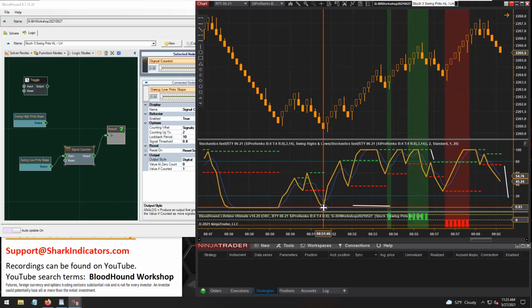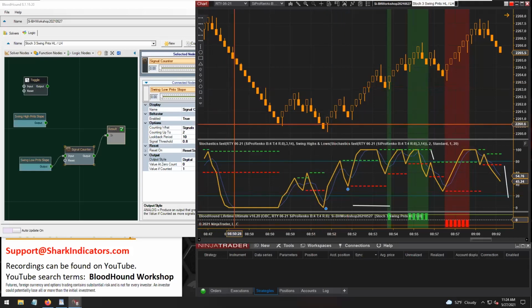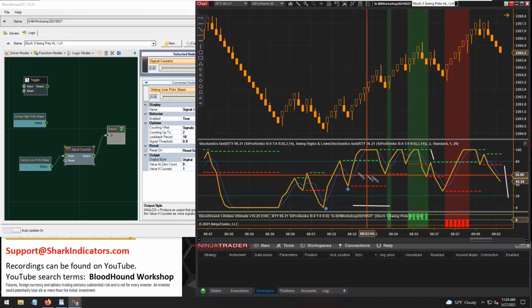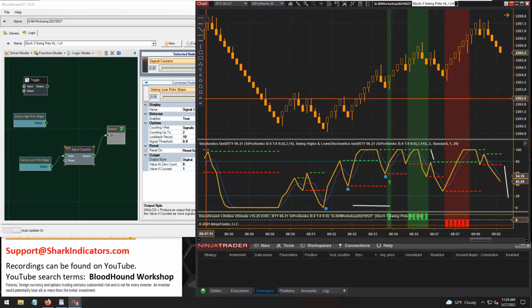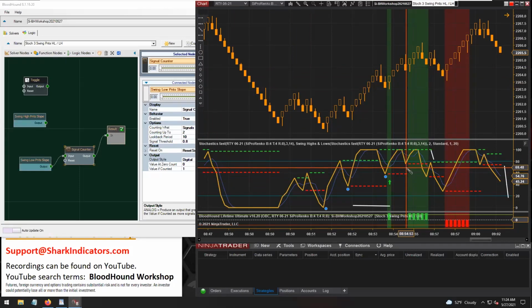All right, so we have a low point there, higher low there, higher low there, and then we have our long signal, like so. And then we have another higher low there, and some more signals.